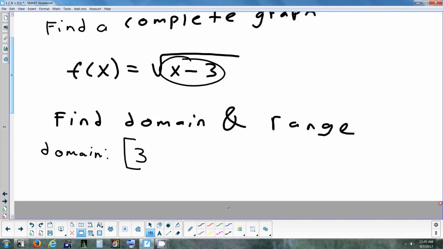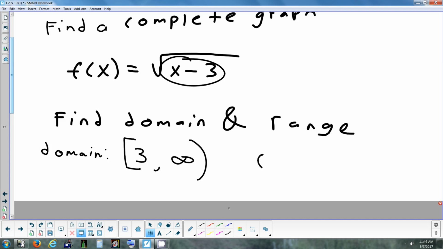That's the bracket, up to infinity. That's how you write the domain. And we put a parenthesis on infinity because you can never reach it. You never put a bracket on infinity because bracket means you can include the number, you can reach the number, but you can't reach infinity. So any number from 3, including 3, up to infinity.